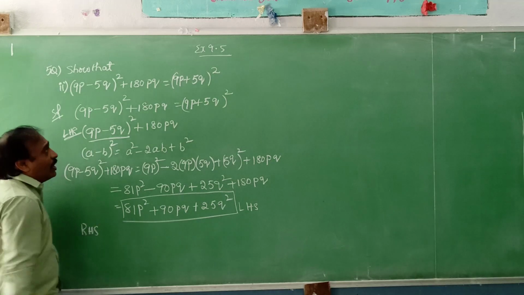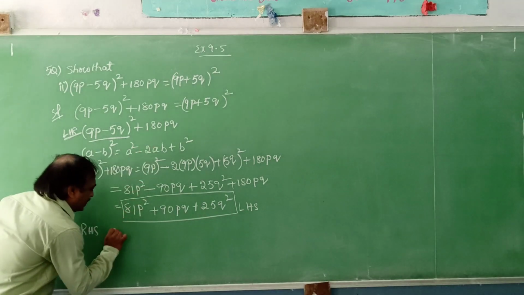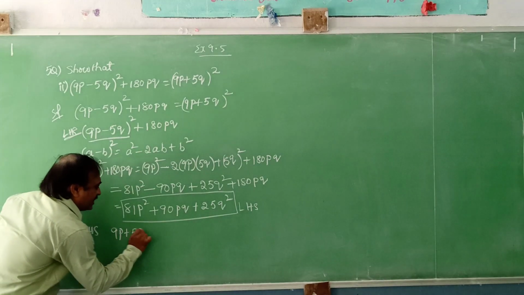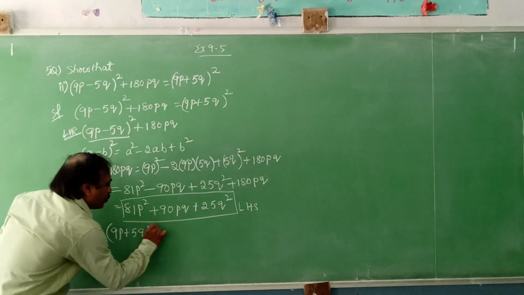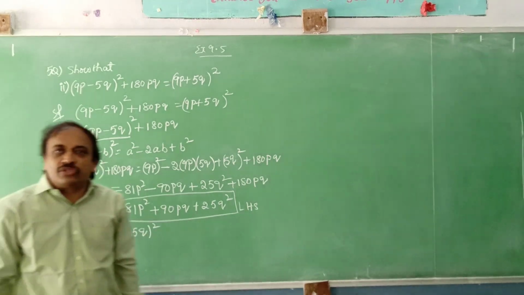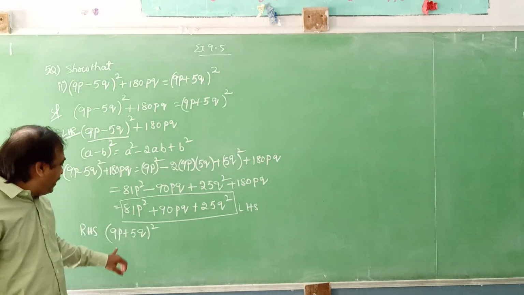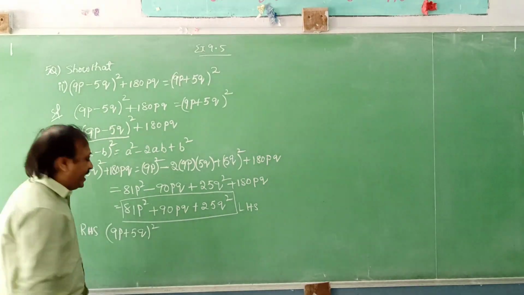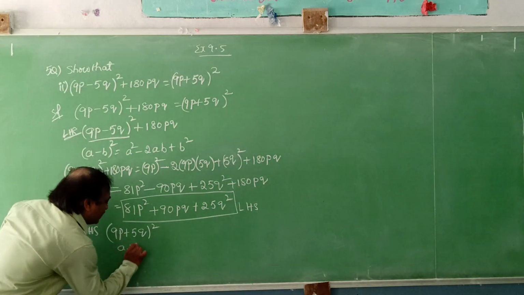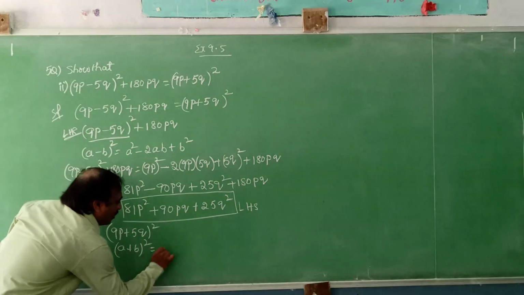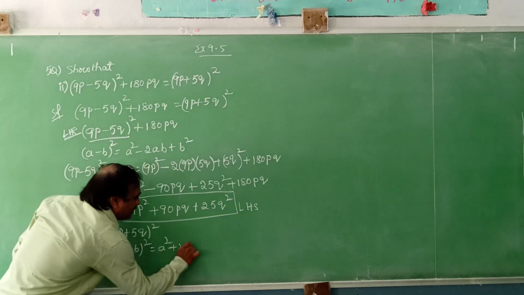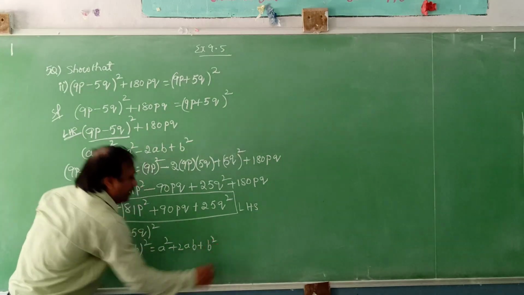What do we have on the RHS? (9p plus 5q) whole square. Which identity can be used here? We can use the identity (a plus b) whole square, which is equal to a square plus 2ab plus b square.